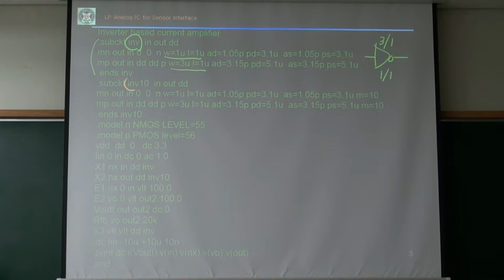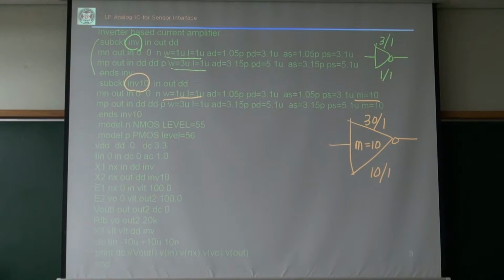This subcircuit inverter 10 is multiplied by 10 times, so NMOS is 10 by 1 and PMOS is 30 by 1. So this is 10 times larger, and my small m is 10.